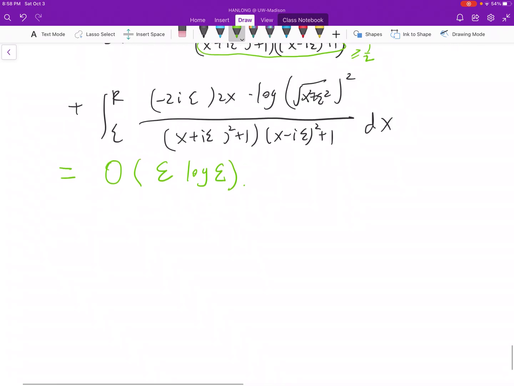So for the second integral, we first estimate the denominator.